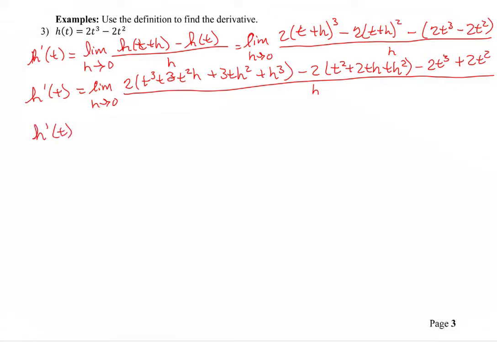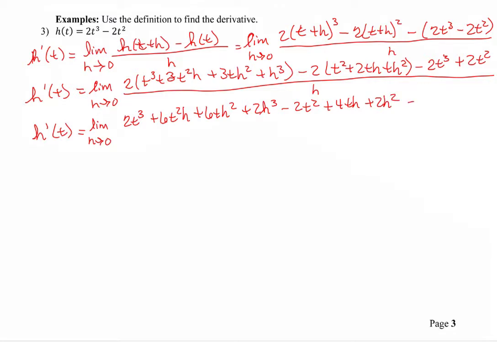The derivative equals the limit as h goes to 0 of 2t cubed plus 6t squared h plus 6th squared plus 2h cubed minus 2t squared plus 4th plus 2h squared minus 2t cubed minus 2t squared. Sorry, that last one should be a plus.